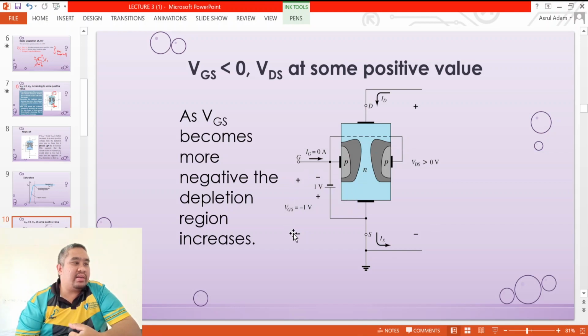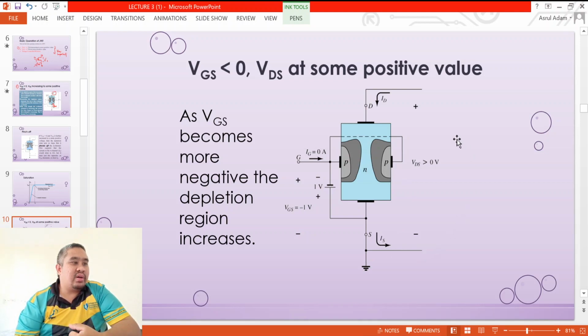So we apply the VGS, for example, VGS equal to -1 volt. Then our IG equals 0, and we have a drain current going through the N channel, and then we have a source current.